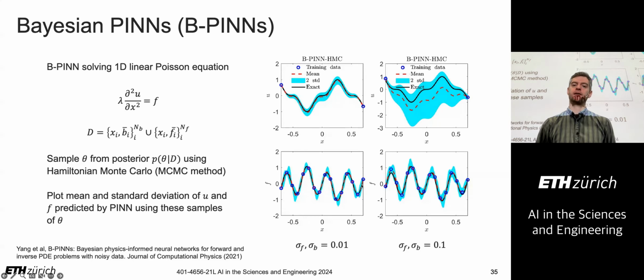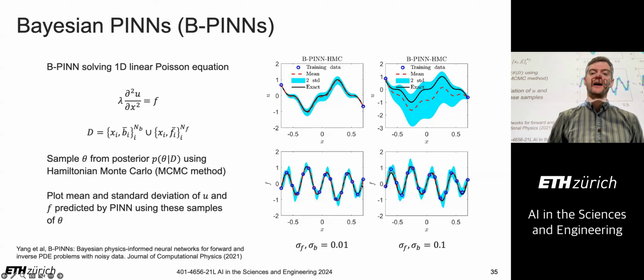So I think this is quite a nice way of encapsulating or modeling the uncertainty in our training data, because we're not giving the PINN the full value of f, we're only giving it a finite number of samples of f. It's quite cool that this method can kind of estimate the uncertainty on f given that finiteness of that training data, and then also give you the uncertainty on the solution at the same time.